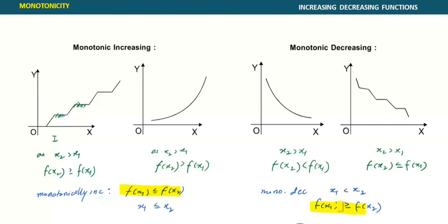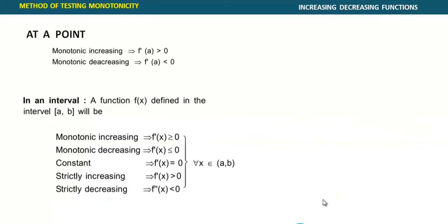Okay, now let's see how you calculate the monotonicity of a particular function. If you want to check at a point, you have to differentiate the function. Let's say y is equal to f(x), and you want to check its monotonicity at x equal to a. Do not get confused, monotonicity is always a property of a point.